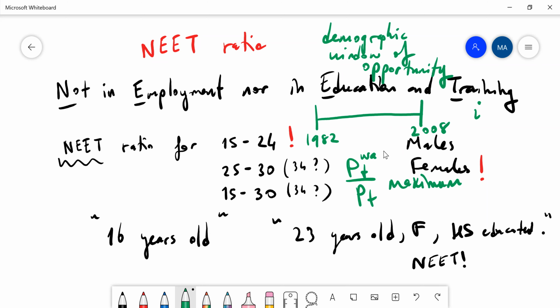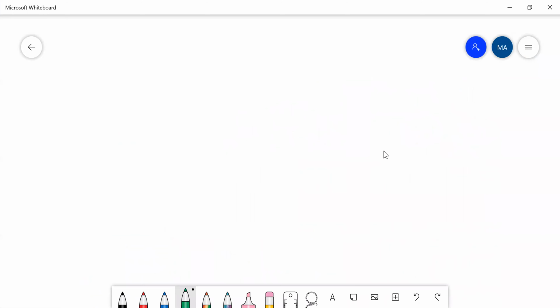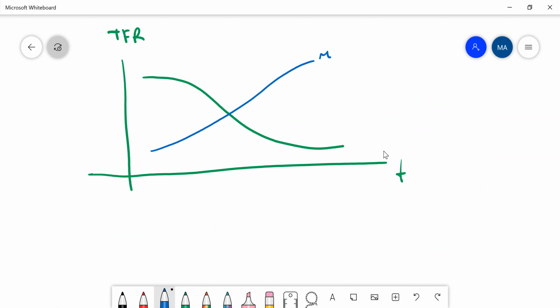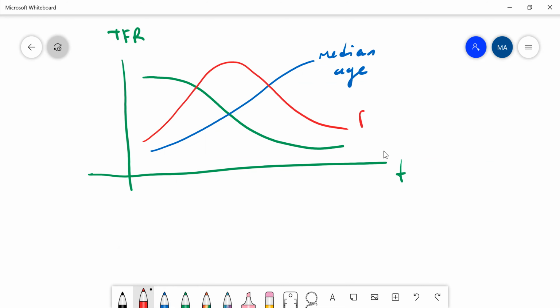Why? Because each and every economy is aging, right? An important consequence of fertility decline is that median age is getting larger, and when this happens, the ratio of working age population to the total population first increases and then decreases. Why is that important?